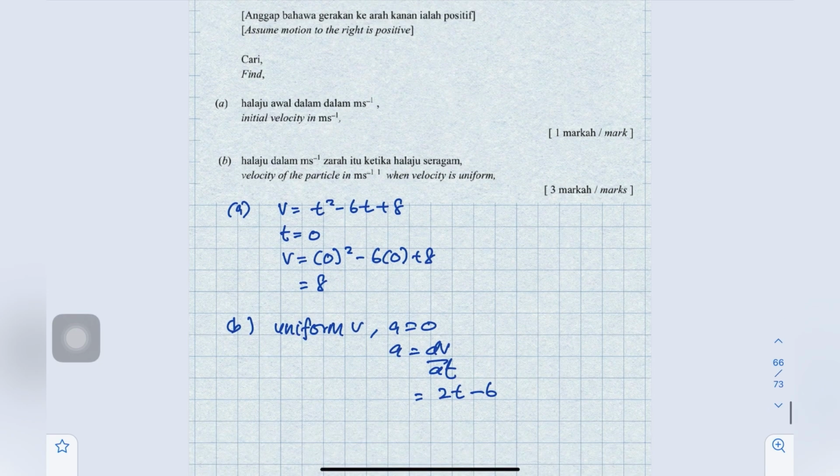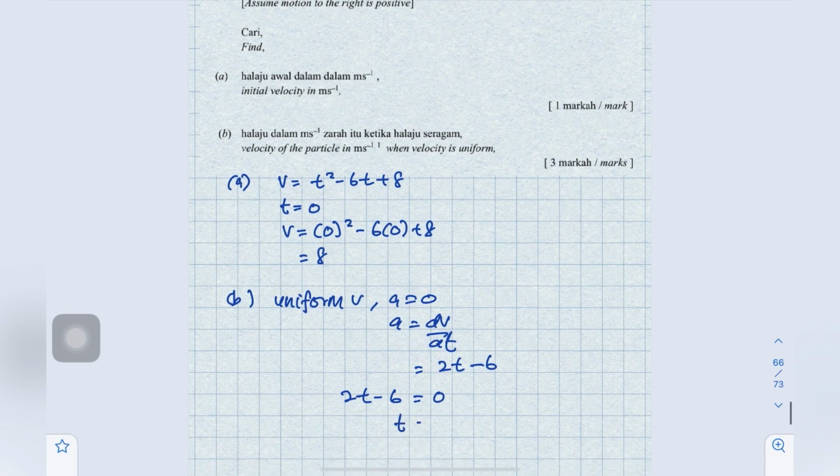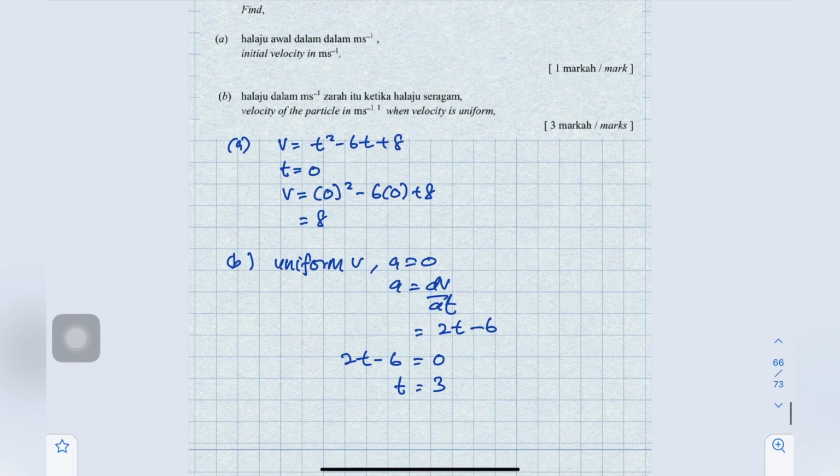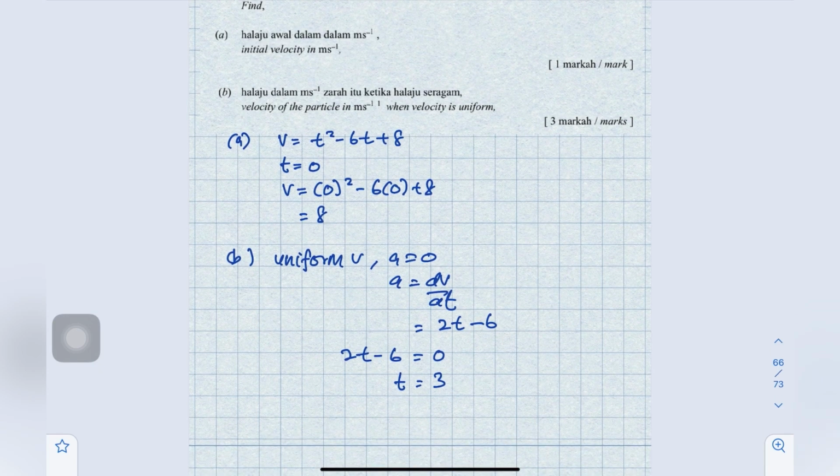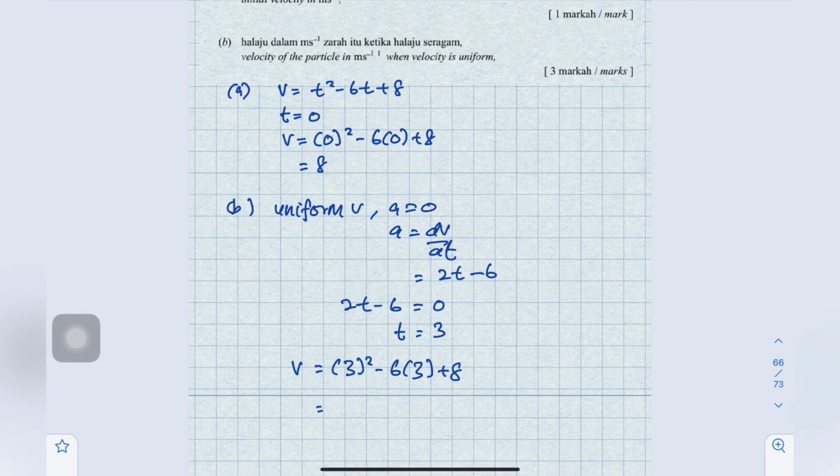Set equal to 0, so 2t minus 6 equals 0, and we get t equals 3. Then we substitute t equals 3 into v to find the uniform velocity. So v is 3 squared minus 6 times 3 plus 8, which equals negative 1 meter per second.